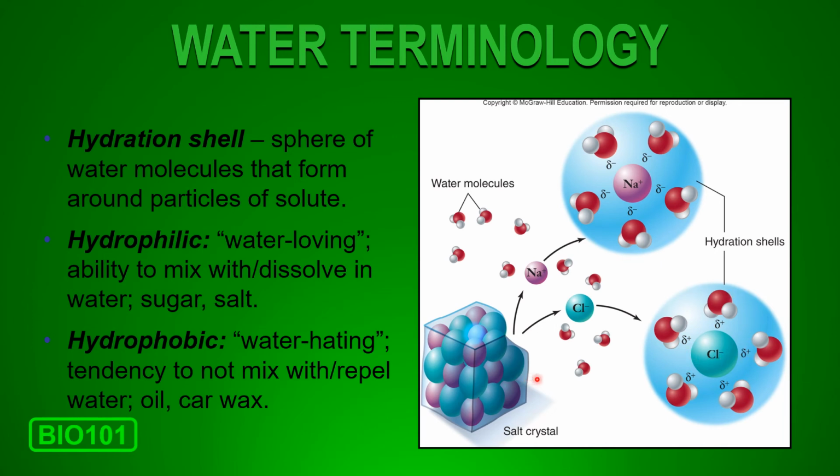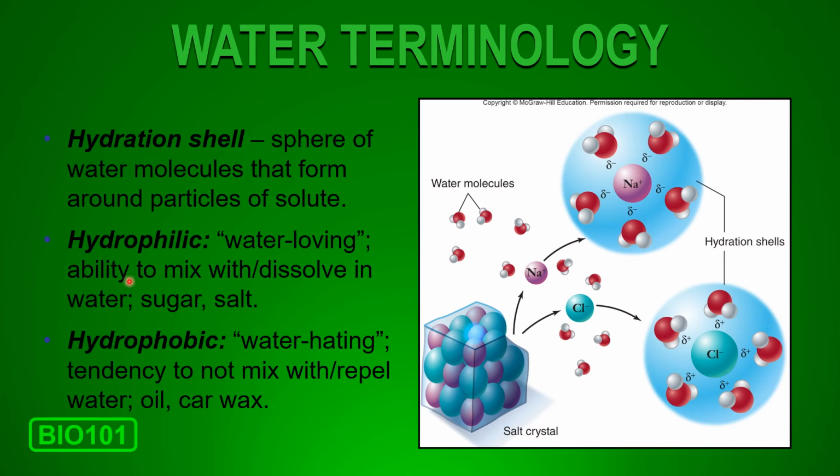And so around each of these sodium ions and chlorine ions, you get this little sphere of water molecules forming around it. And that's called the hydration shell. Hydration referring to water. And it's called a shell, but don't think about it as a hard, tough shell. It's just a series of water molecules surrounding each ion due to the differentials in electrical charges. Right? It's called a hydration shell.